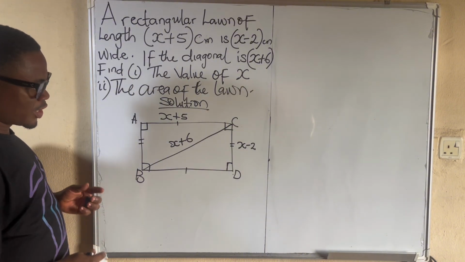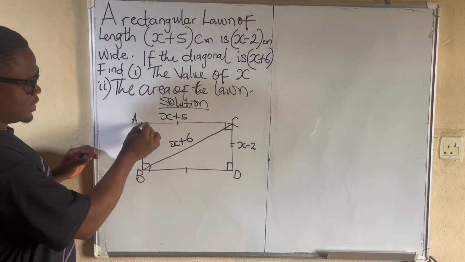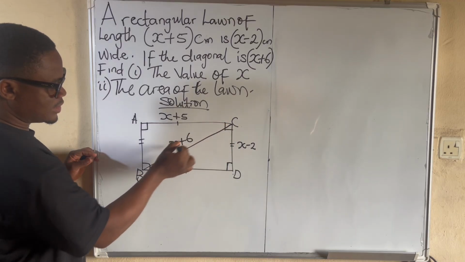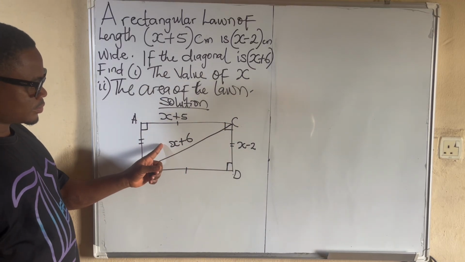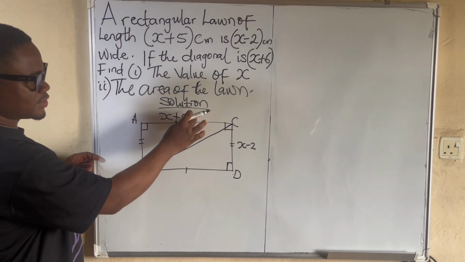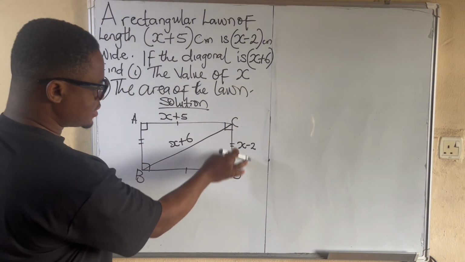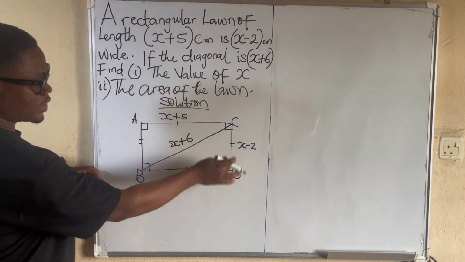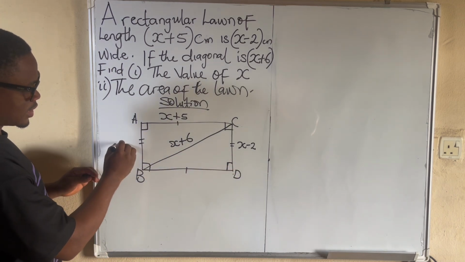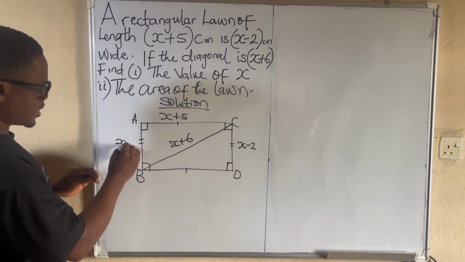If we consider this triangle, we find that the diagonal is the hypotenuse. This becomes either the opposite or the adjacent. Because here is the length, we can equally say that the width, rather, and they are equal, we can equally say that this other side is also x minus 2.